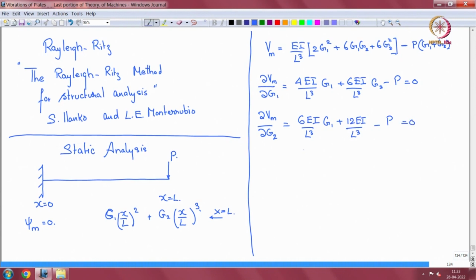We solve this, what do we get? We get G1 is equal to P L cube by 2 EI and G2 is equal to minus P L cube by 6 EI. And the deflection at x equal to L is just G1 plus G2, which is P L cube by 3 EI.